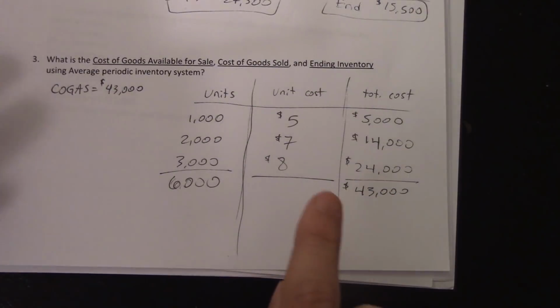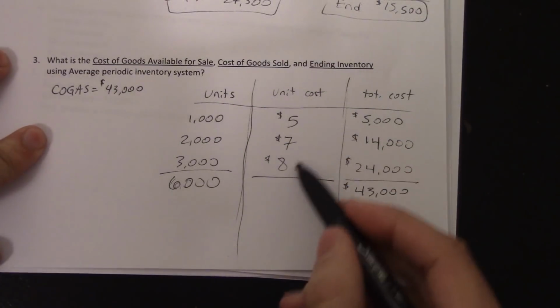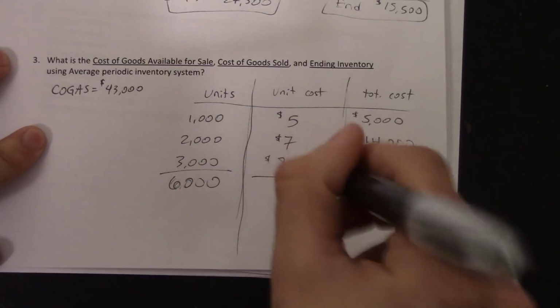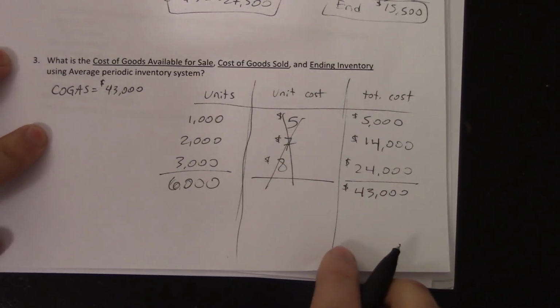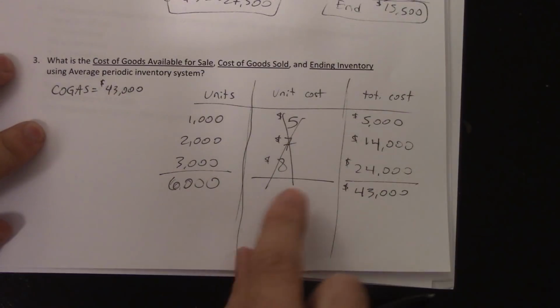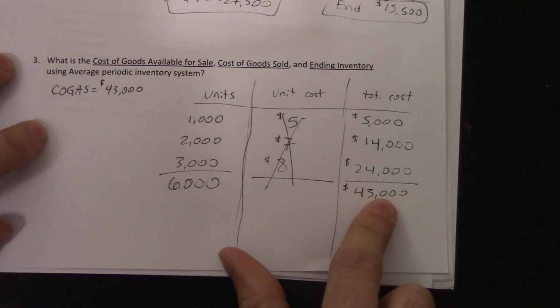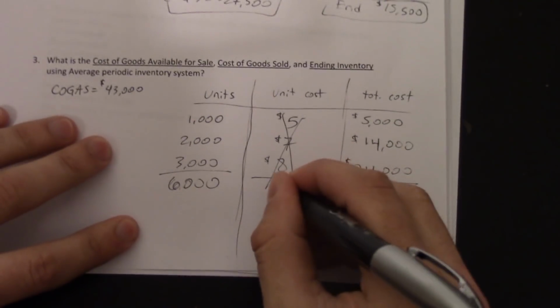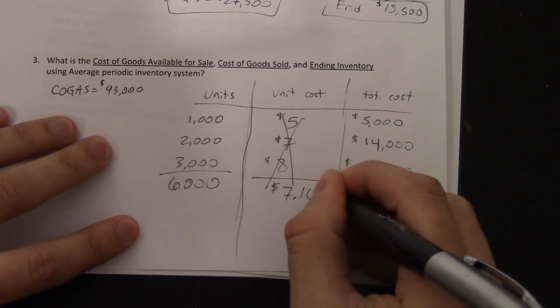Now, some of you might be tempted to just take an average of all these, but that's incorrect. You can ignore those numbers. The way to find out an average unit cost is to take the total cost divided by the number of units. So 43,000 divided by 6,000 is a unit cost of $7.16.